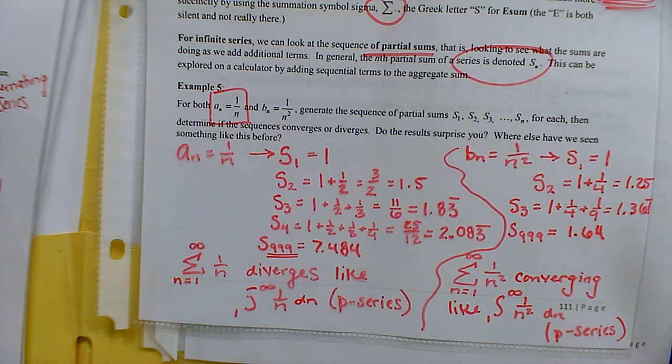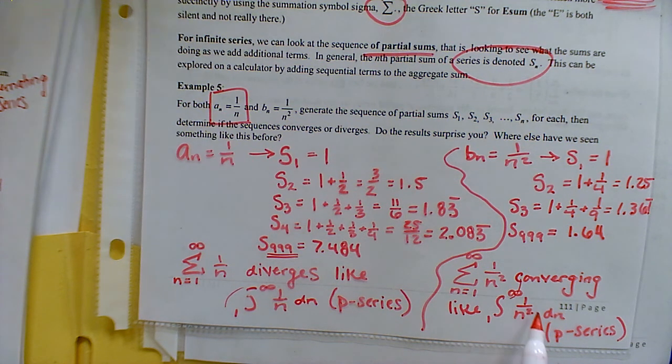So what's a little tricky here, notice how there is a connection. If the integral converges, notice how the series converges. If the integral diverges, the series diverges. But if the integral converges to a number, that's not necessarily what the series converges to, right?